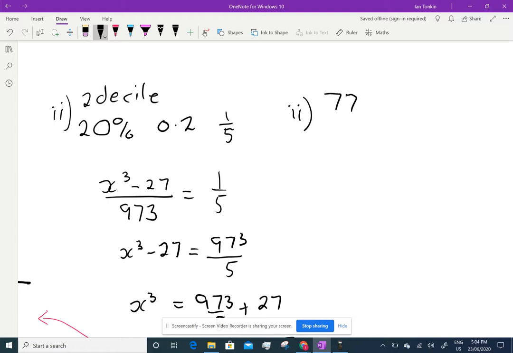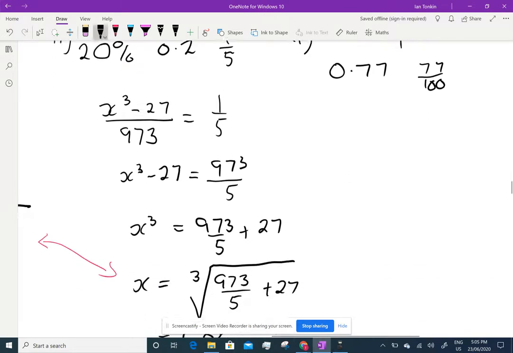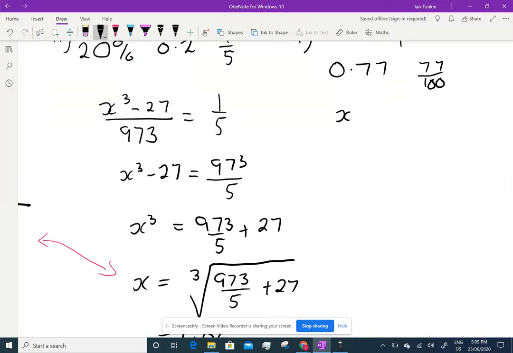77%, the 77th percentile. I write percentile because percent. So you can use 0.77, or you can use 77 over 100. I'm going to use the decimal this time just in case you've been using it and you're wondering why you haven't been getting the same answers. So x cubed minus 27 over 973 equals 0.77.